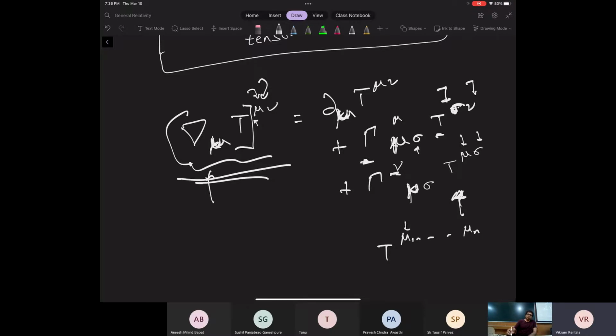We're replacing one index at a time. We're not changing the position of the index which we're replacing. So you can't in general say that T mu sigma is equal to T sigma mu. This may not be true, unless it's a symmetric tensor. Does that answer your question? Yes, sir.